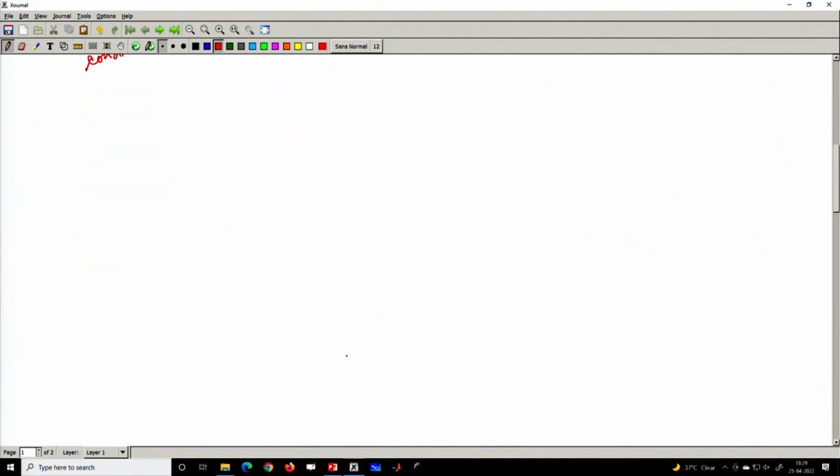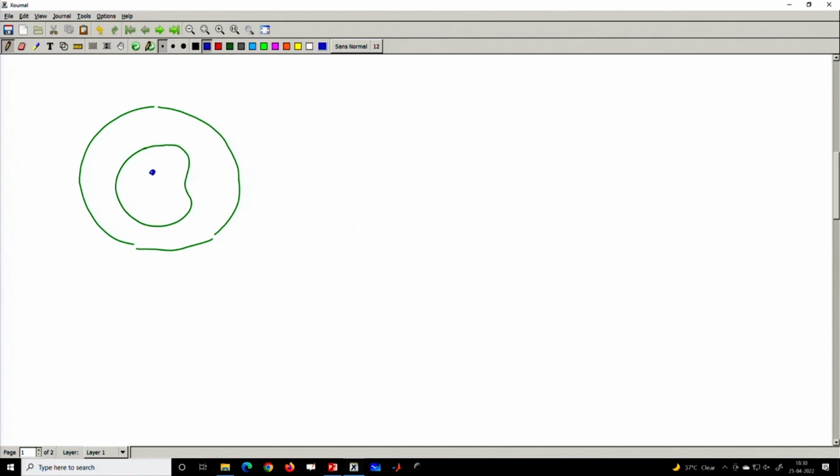Now, let us put the point charge inside this sphere. How can I do that? Suppose I have a sphere like this, and inside I make a cavity like this. This is the cavity inside, and I place my point charge here, which is say plus q.